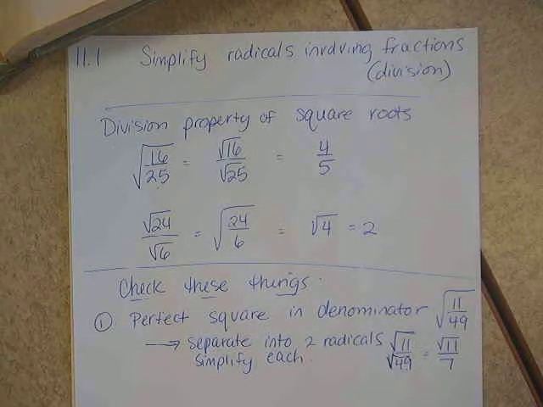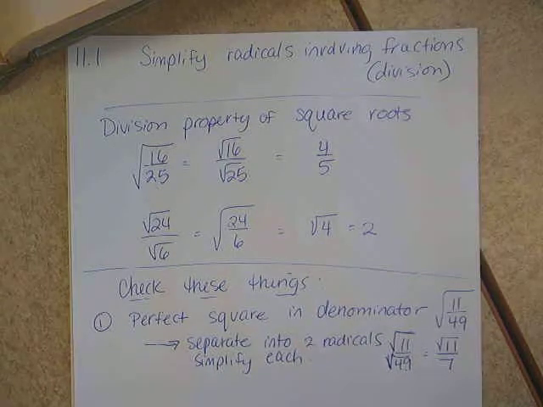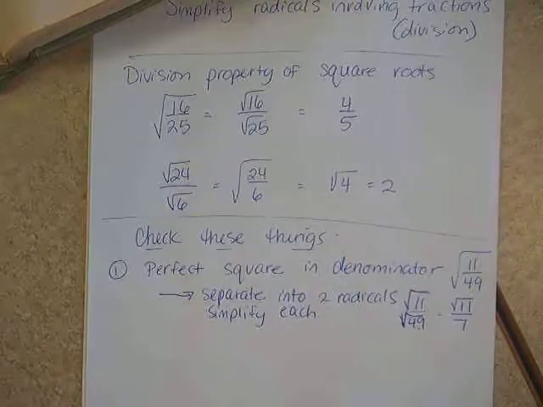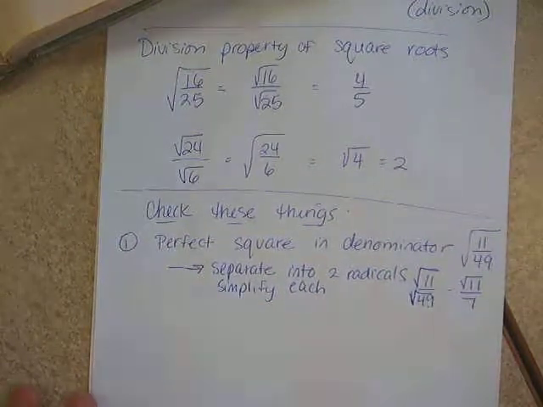Now sometimes you will be able to simplify the one on top, sometimes you won't. But one of the rules we are ultimately going to get to is that you also cannot leave a radical in the denominator. So one of our first goals is not to leave a radical in the denominator. If you can avoid that from the beginning, that's your best situation.